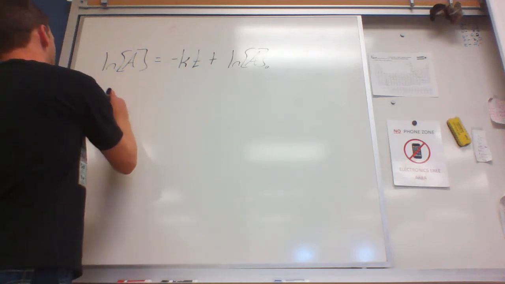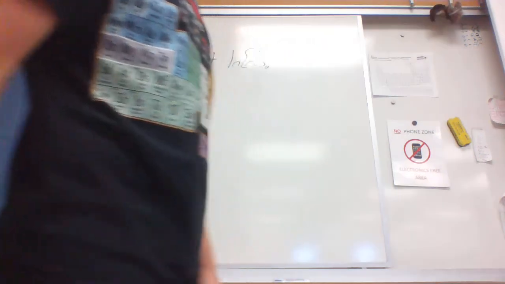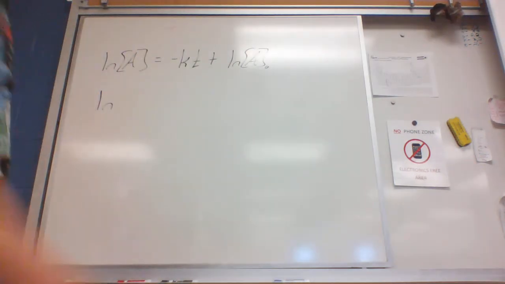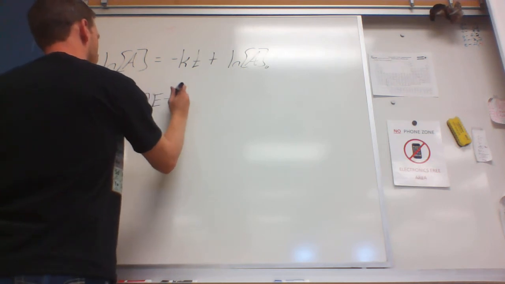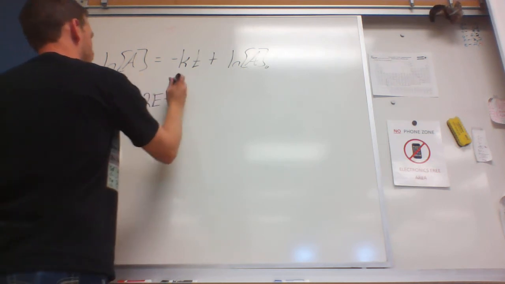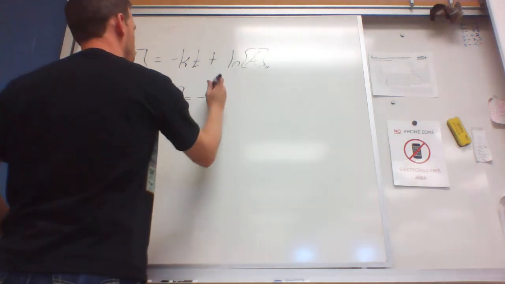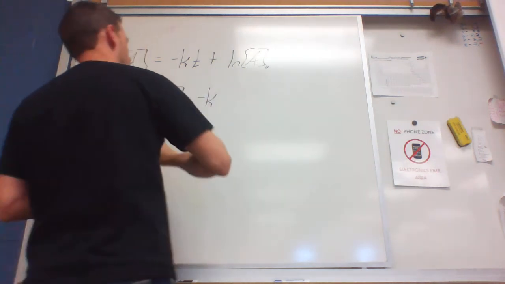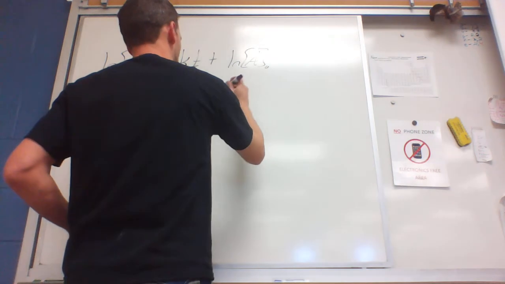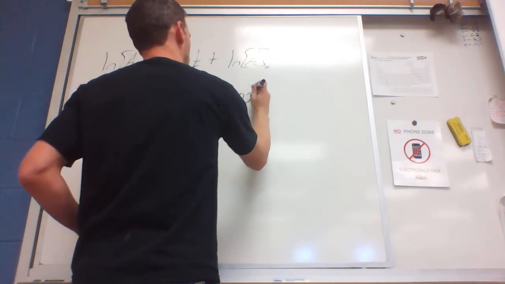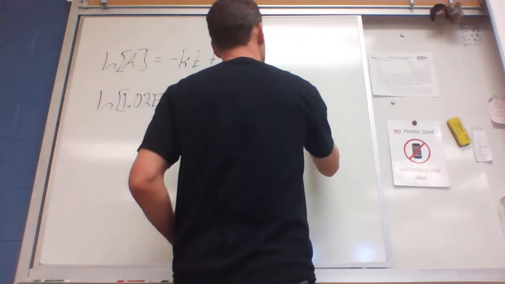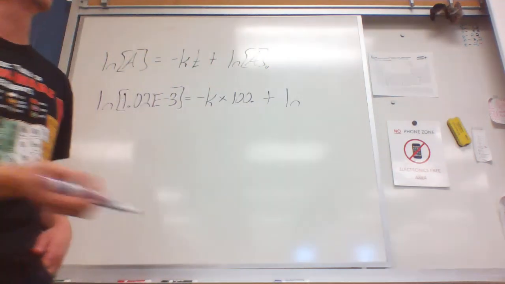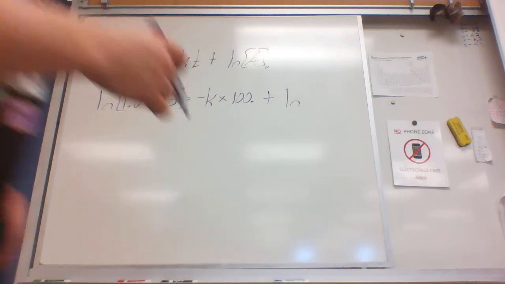So we're going to go ln, natural log of the later concentration after time has passed, 1.02 e negative 3, is equal to negative kt, or k times 100, plus the natural log of my starting concentration, which is 1.25 e negative 3.